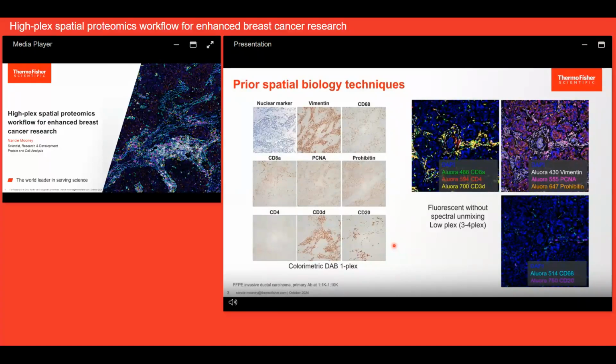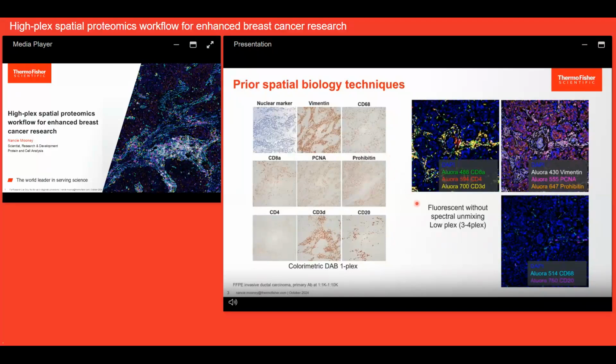By using DAB, you could look at the localization patterns and the overall signal intensity for the most part of these various markers. But it would be very hard to make any kind of statements about co-localization based on this kind of staining. You might be able to make some assumptions based on sequential tissue slices and such, but you can't use multiple DAB stains on a single slice of tissue.